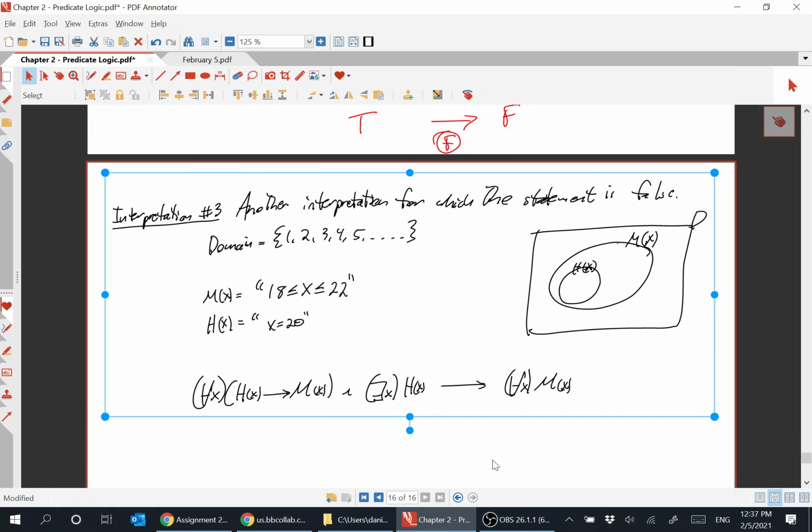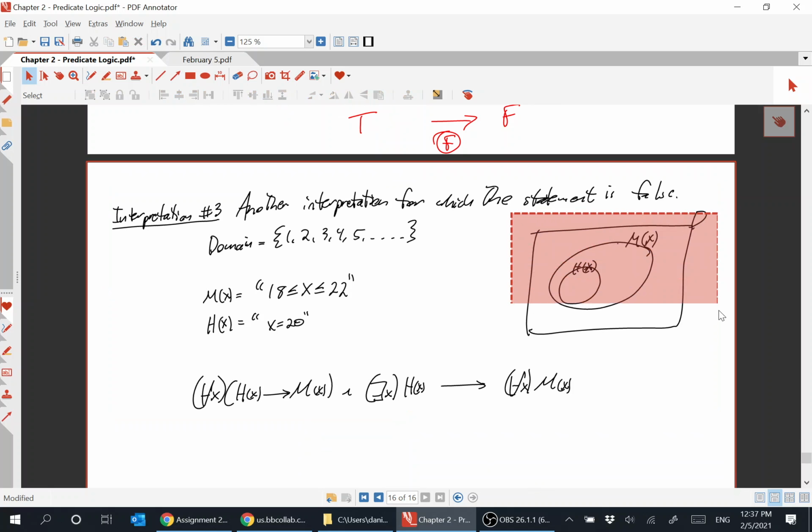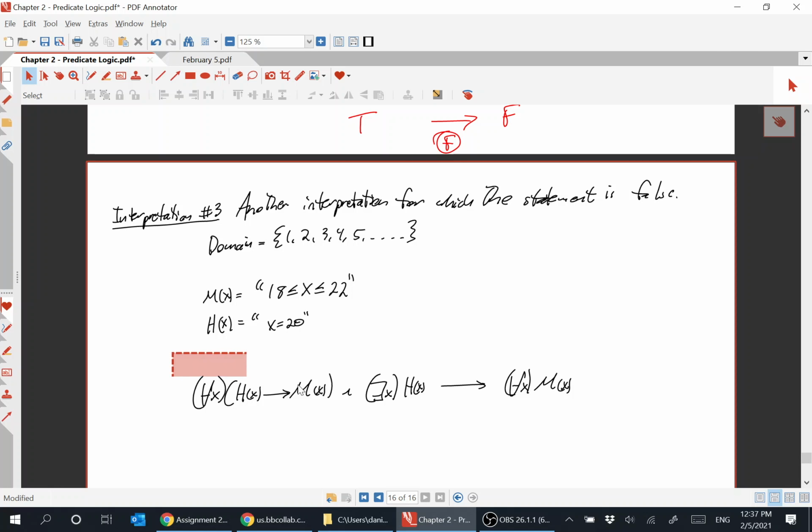Making an implication statement true is a complete triviality, because all you need to do is what? Make the hypothesis false. And the hypothesis is a conjunction, so just make this part false.